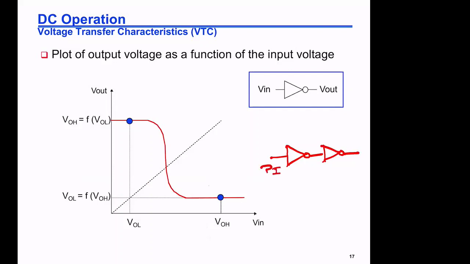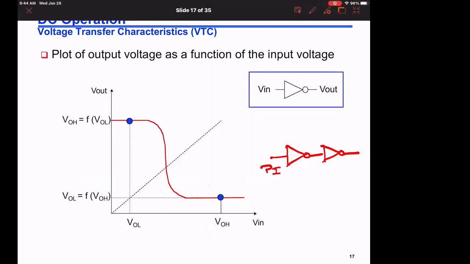If I take it for granted that this curve shown here, the voltage transfer characteristics representing Vin versus Vout, is given to me, I will start by looking into this.